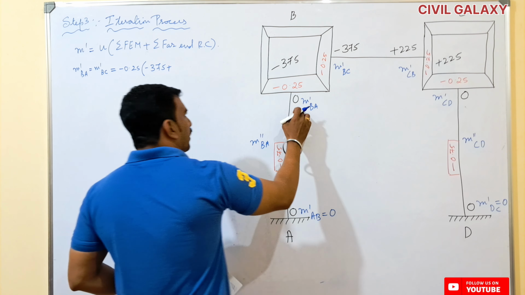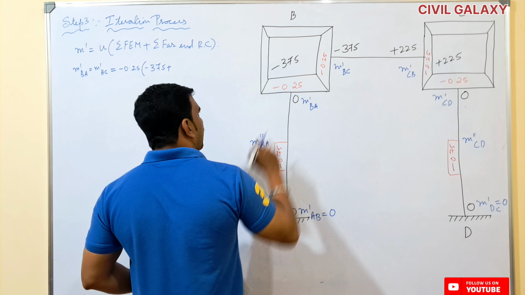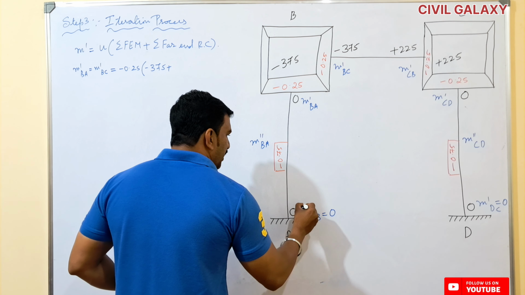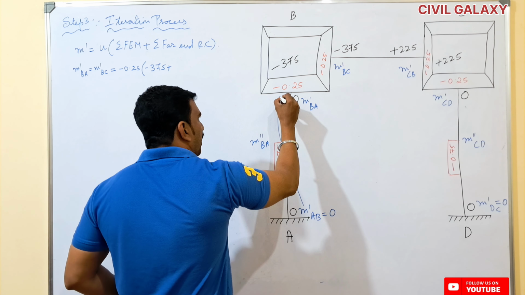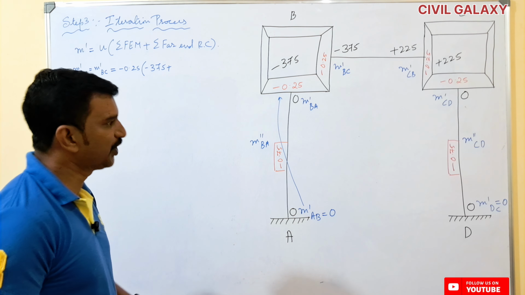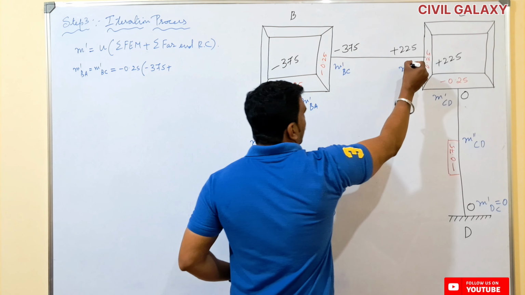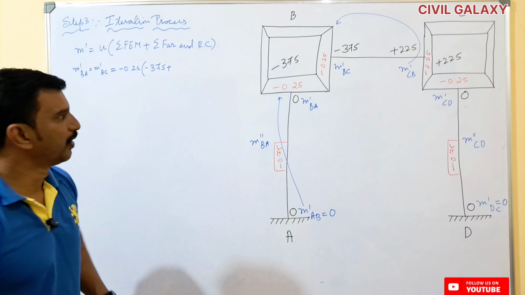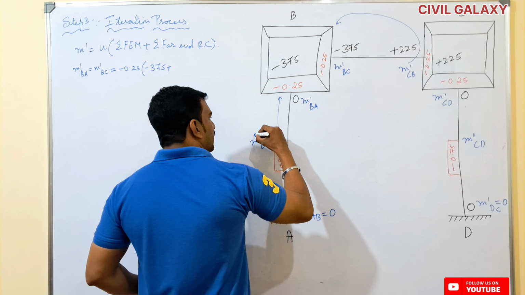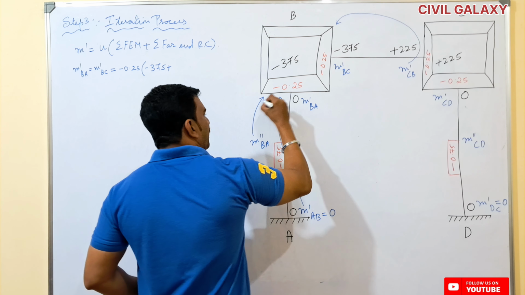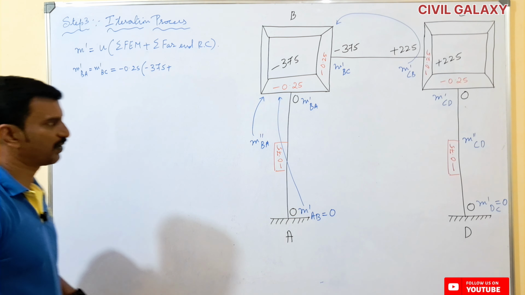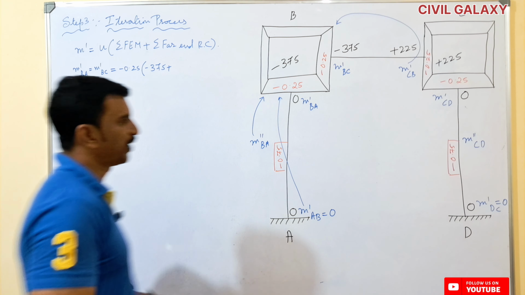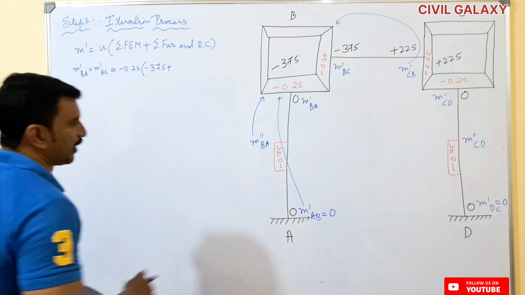For member B to A at joint B, this is the far end over here, M dash AB. Also M dash CB, this is the far end. Also we have one more value, that is M double dash BA, which is the displacement contribution from B to A. So these three are the far end rotation contributions we need to consider.